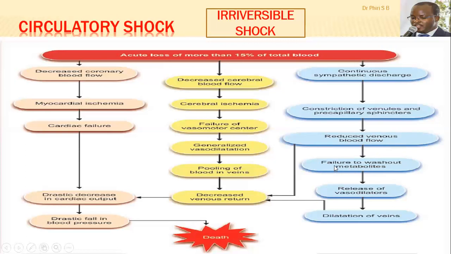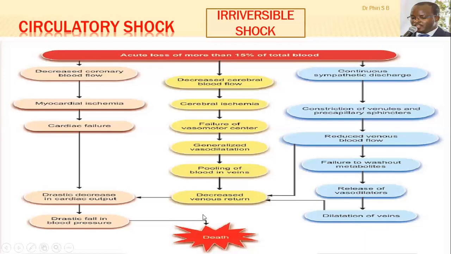So if blood is not moving from the arterial side to the venous side, there is accumulation of metabolites within the tissues, and some of these metabolites are toxic. So there is release of vasodilators that will bring about dilatation of the veins, which won't be enough. So if you have dilatation of the veins, it will result into decrease in venous return, then drastic decrease in cardiac output, drastic fall in blood pressure that will also result into death.